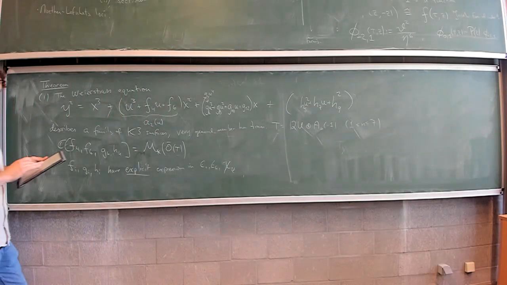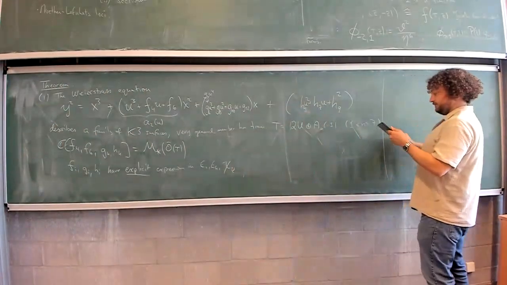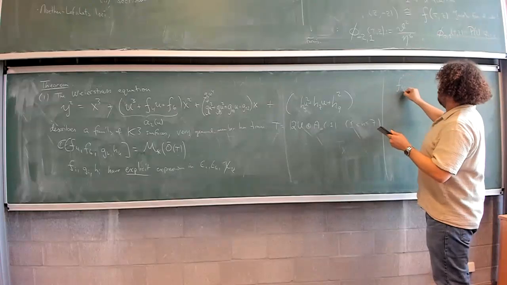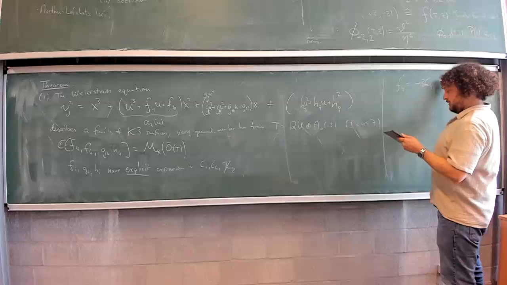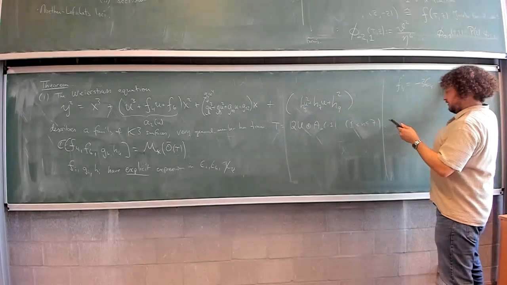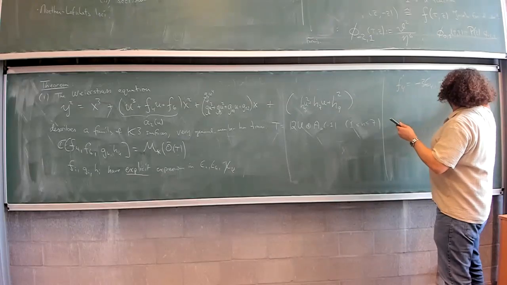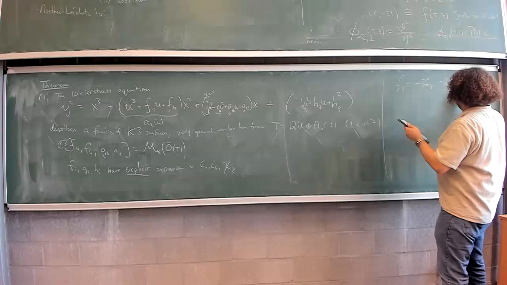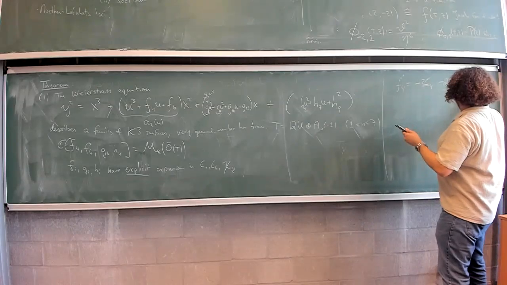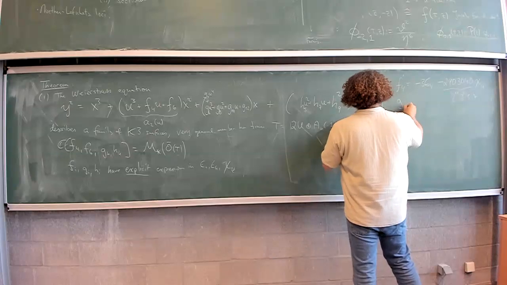For example, let me write the first few. F4 is minus 3 E4 minus 290304054. This is 2 to the 10 times 3 to the 4 times 5 times 7.